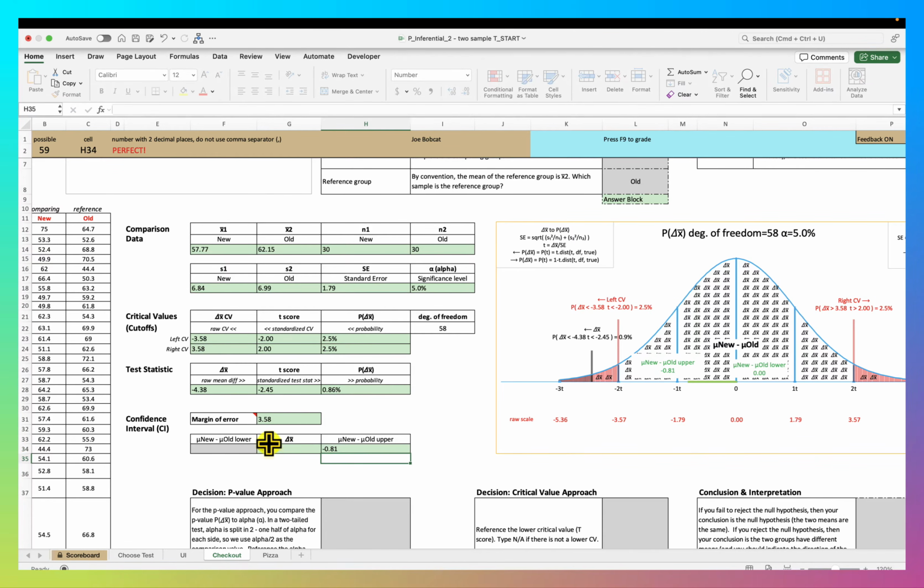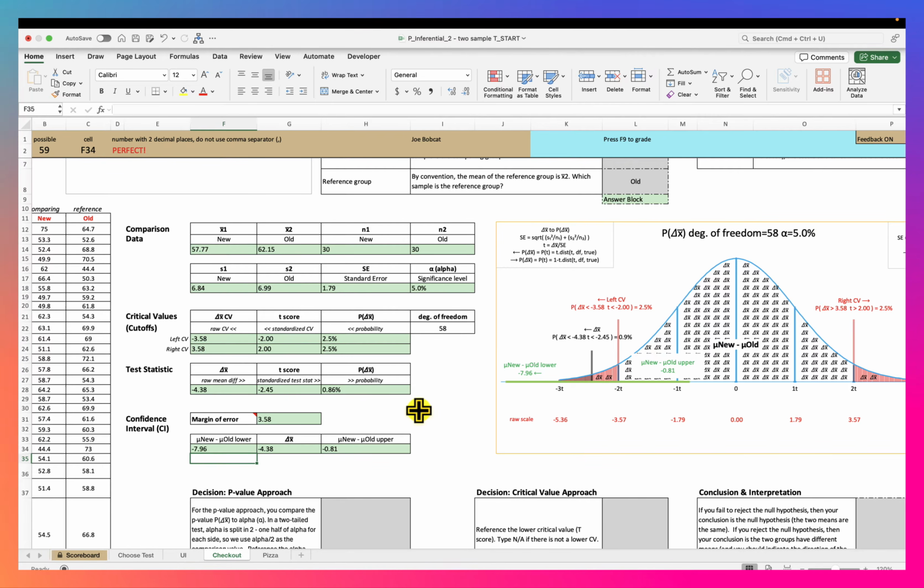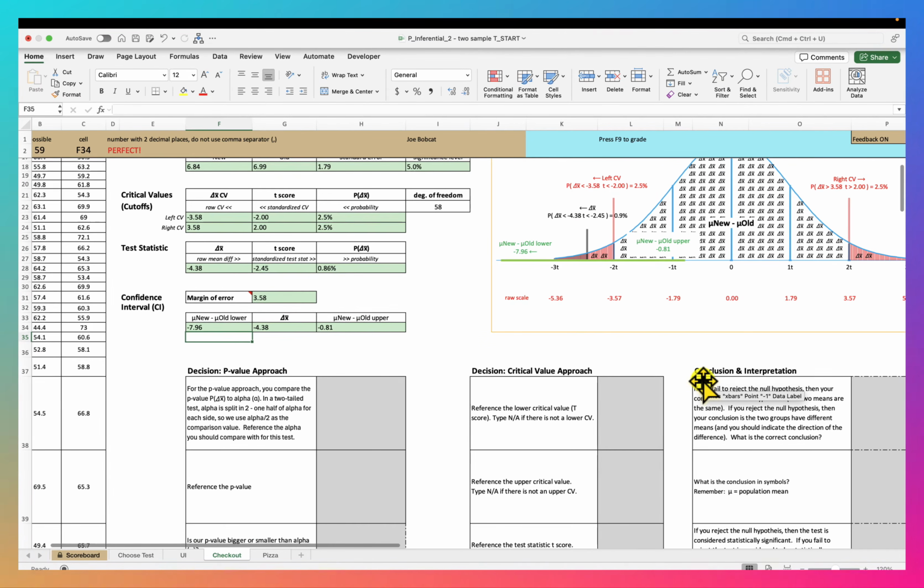Delta x bar plus the margin of error, and on the other side, delta x bar minus the margin of error. And as you can see, the confidence interval does not cross the 0 point, which means that, again, it's going to be a reject. So we're getting all these indications of why this is reject.